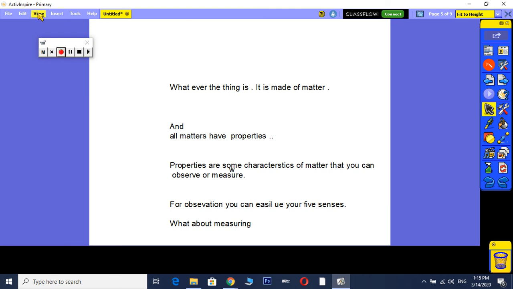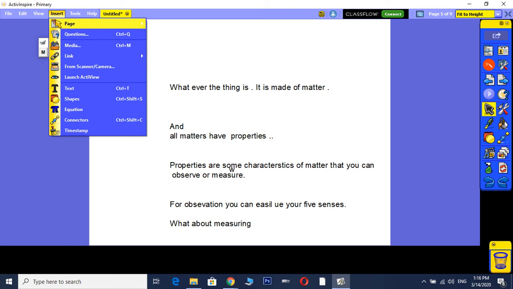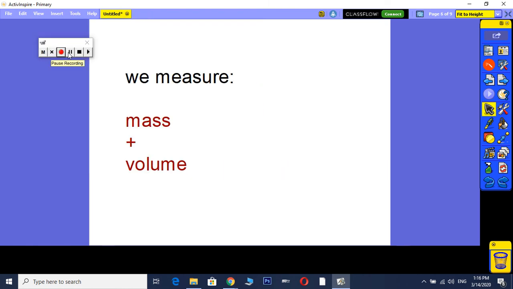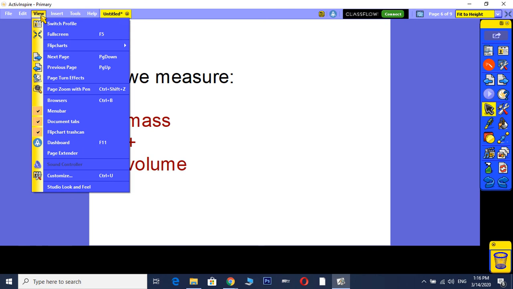Remember the first one? It's mass. Mass and volume. Both of them you are going to measure, because they are the ones that we measure to know whether it is matter or not matter. If it is matter, it has of course mass and volume. So let's go first through the first one, which is mass.